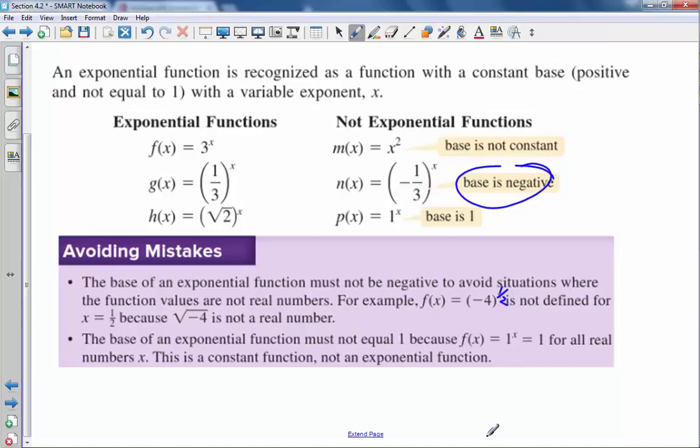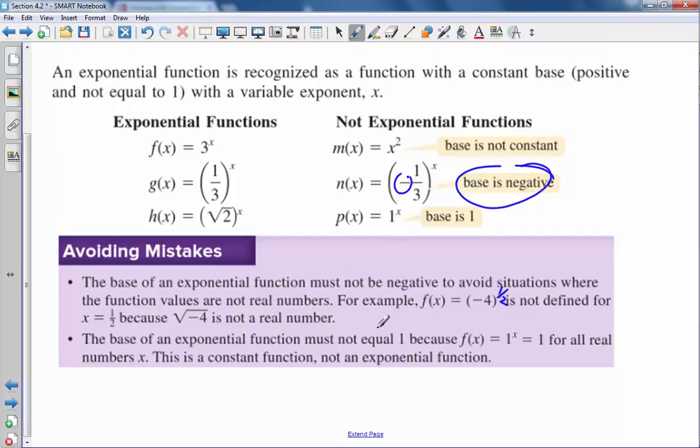And power 1 over 2 means square root. Can you take the square root of negative 4? Can you take the square root of any negative number? No. That's why we avoid negative bases. Actually, I like them, they look exponential, but sometimes we cannot compute them. That's why we avoid them and don't call them exponential.